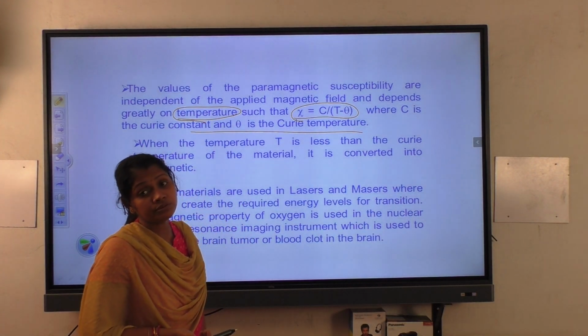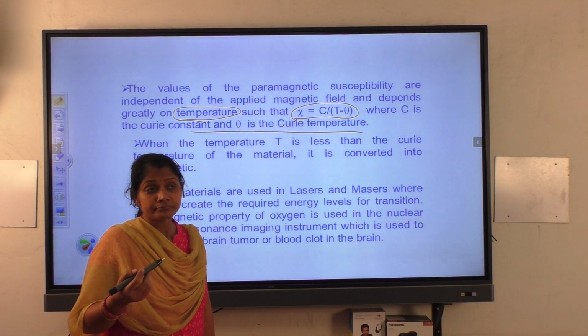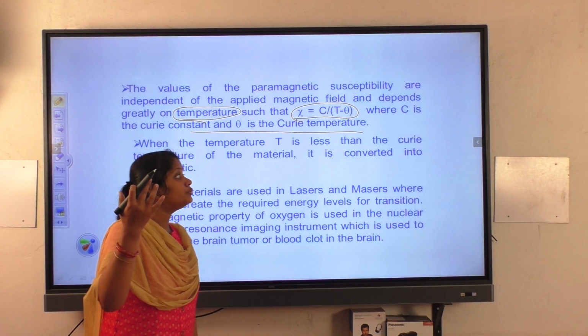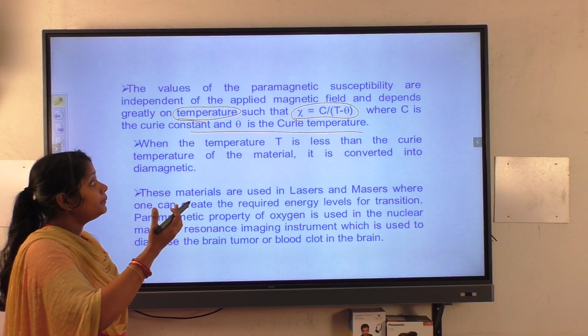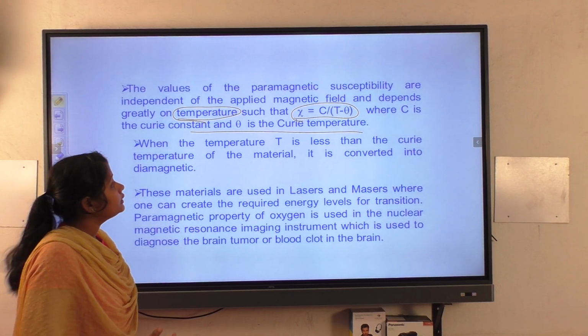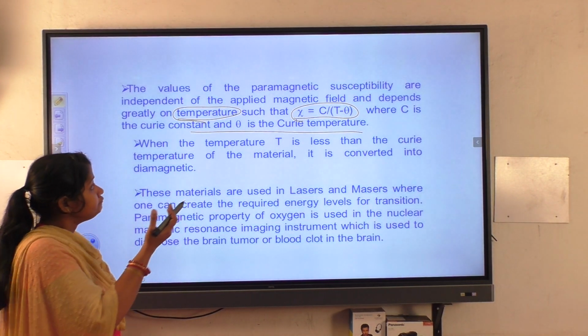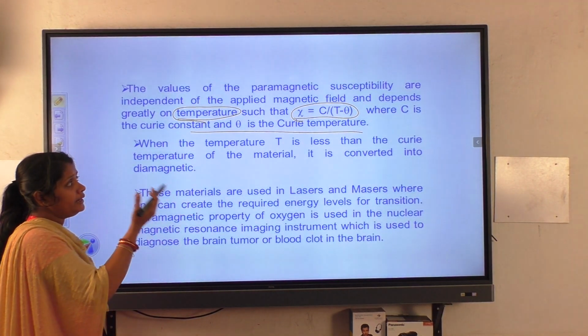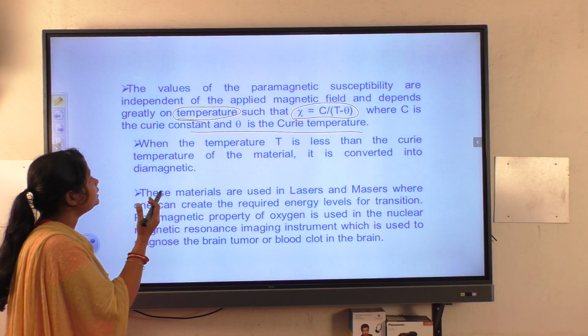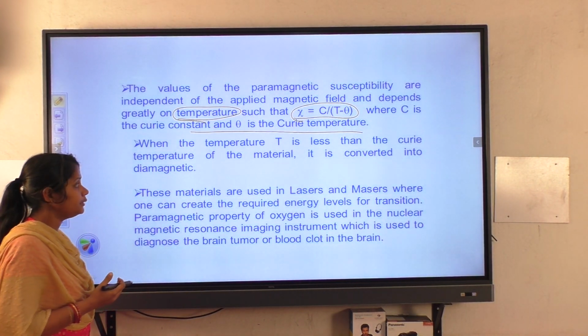Curie temperature, we can say, is the highest temperature at which the material attains the magnetic susceptibility. In the case of paramagnetic materials, the susceptibility highly depends upon the temperature.